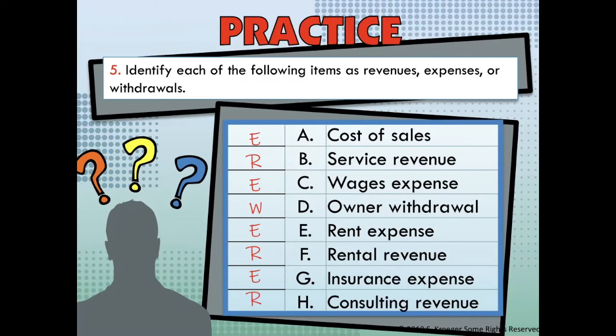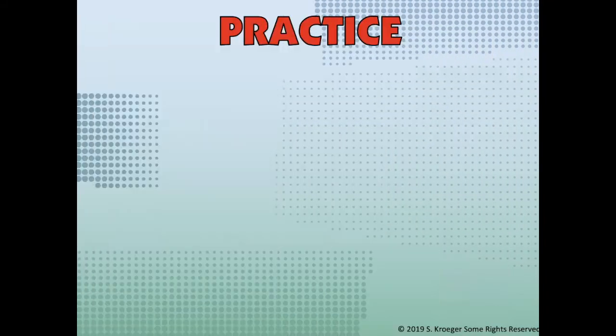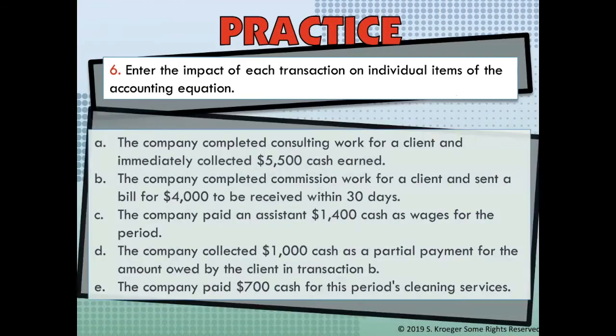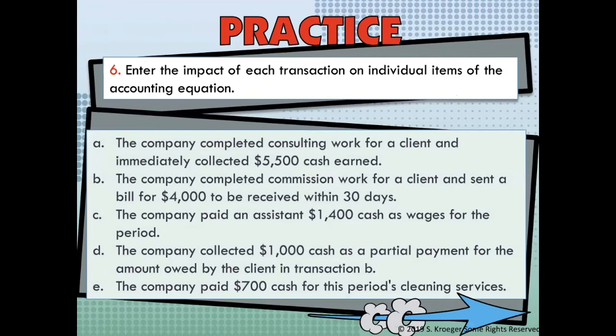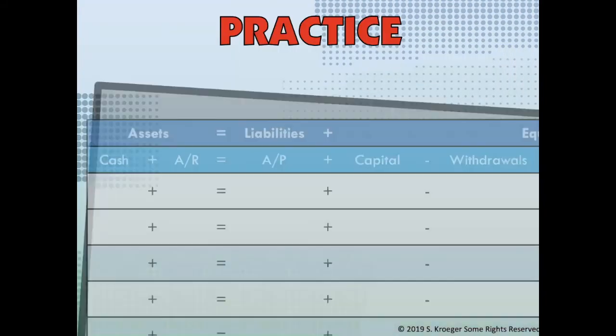This was pretty easy, and I hope you got these ones all correct. We're going to move into something a little bit more difficult now, a transaction analysis. Enter the impact of each transaction on individual items of the accounting equation. We have 5 different scenarios that happened, and we need to fill in the chart here.